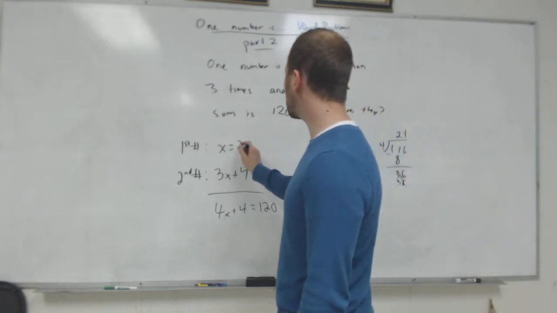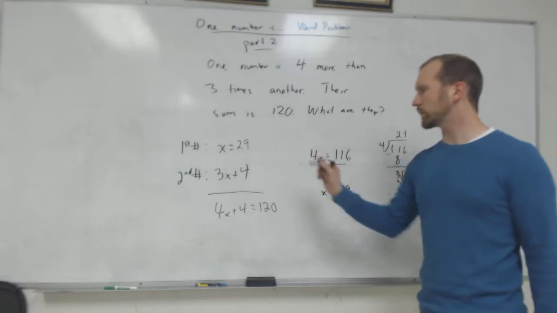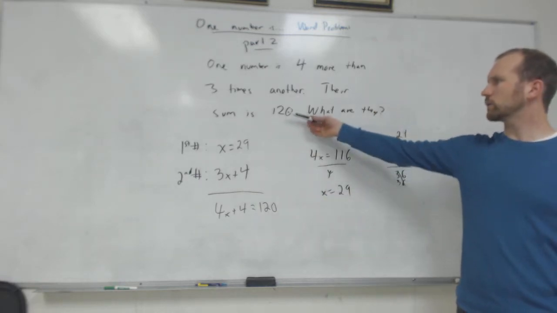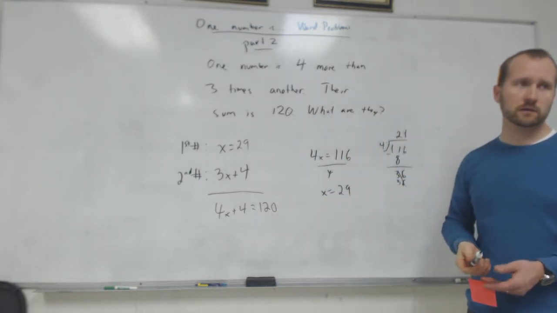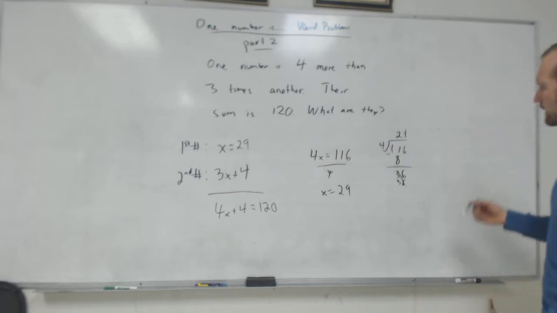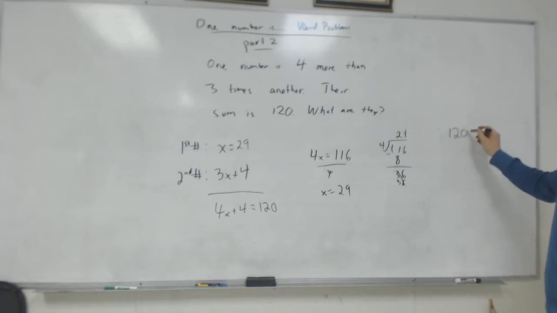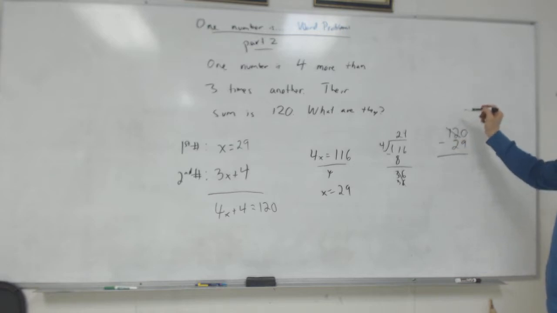So now we can either do 3 times 29 plus 4, or we could do 120 minus 29. Okay, let's do it that way this time. 120 minus 29. We have to borrow, right?